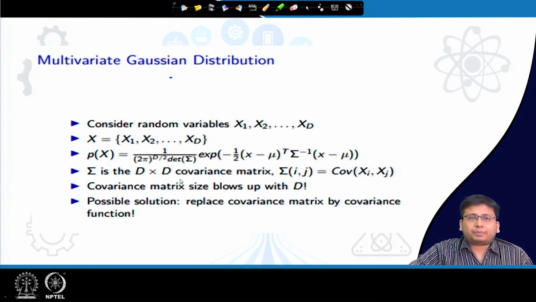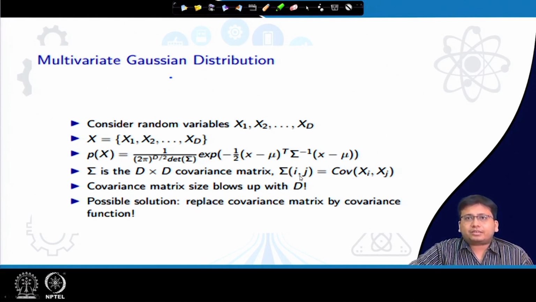So, what does that matrix consist of? If you consider any element, let us say the ijth element of this covariance matrix sigma, it basically contains the covariance between the random variables xi and xj. Okay. So, remember that x is the collection of these d random variables. I take up any two of them, let us say xi and xj, I measure the covariance between them, and that covariance will be present in sigma ij of this covariance matrix.